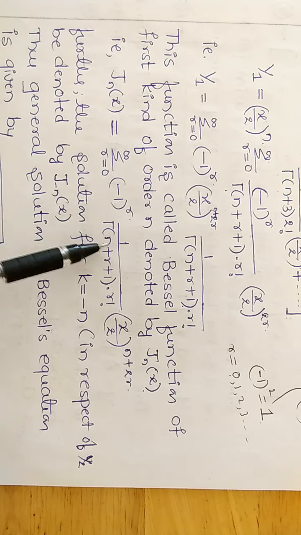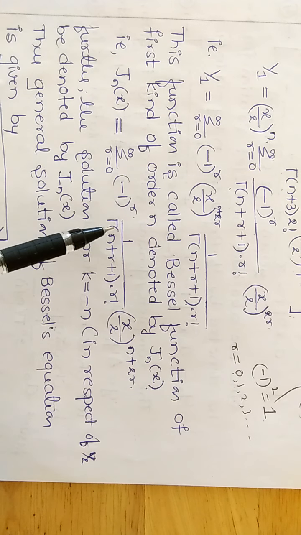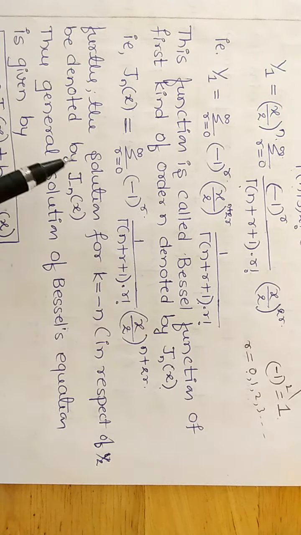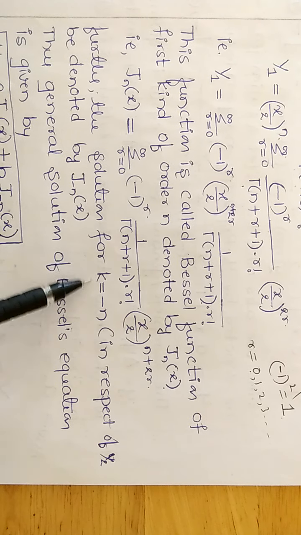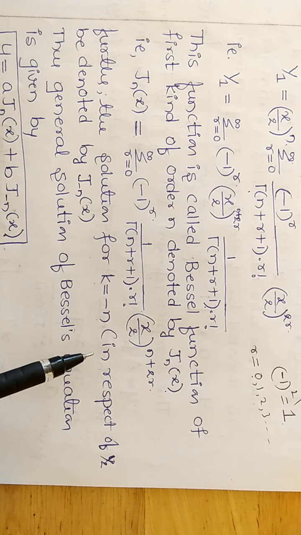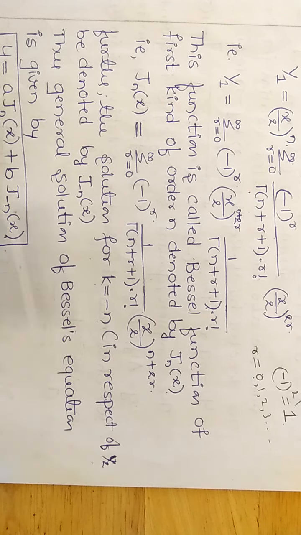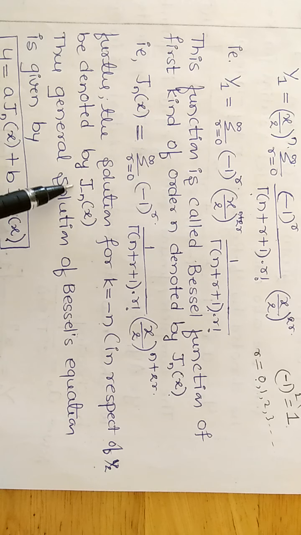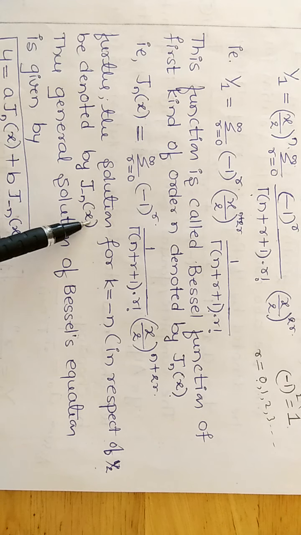Further, it exists only when k is equal to n. Another solution, for k equal to minus n, that is y2, is denoted by j minus n of x.